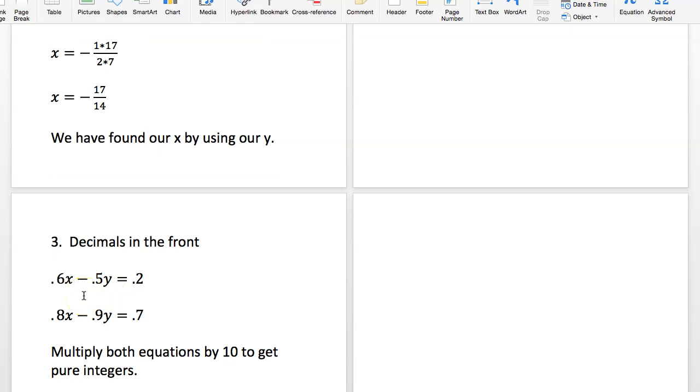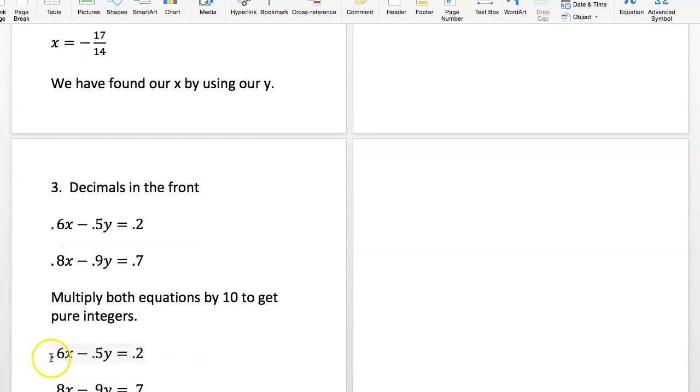So you'll just do 10 times the first equation and 10 times the second equation, and you're done. So 10 times the first equation and 10 times the second equation. And so you have that.